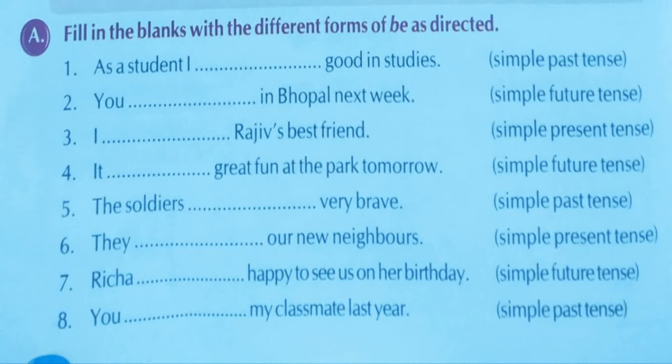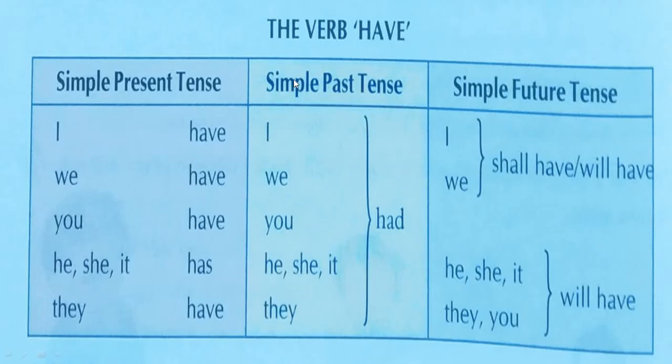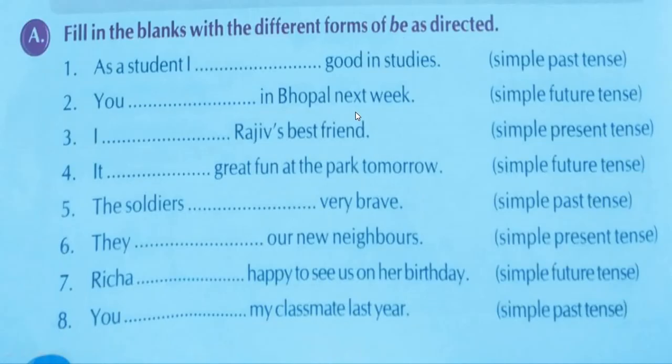But here you have to use the simple past tense. So am becomes was. So what will be the answer? As a student, I was good in studies. In the simple past tense you need to use. So in that way you need to do all. You can do it in your book itself.